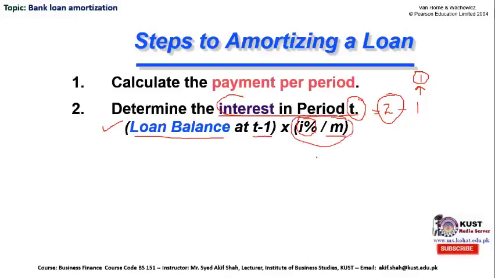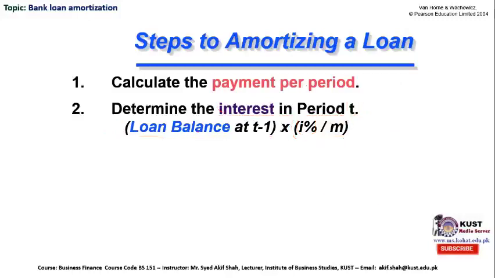But in our case, the frequency of payment is only once per year. Therefore, anything divided by 1 is the same value, so the 12% will remain intact.